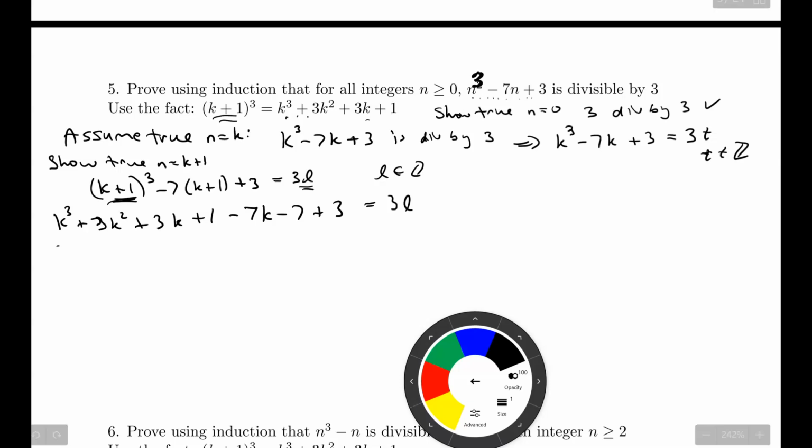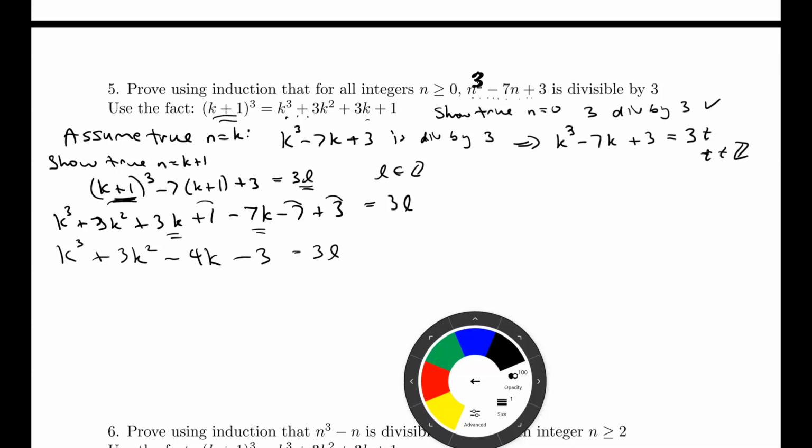So let's join like terms together. So 3k squared. The k's, between these two, I have a minus 4k. And here I have a plus 1, a minus 7, and a plus 3. So that gives me a minus 4. No, wait. That's a plus 4. So minus 3. And I want to show that it's equal to 3l.